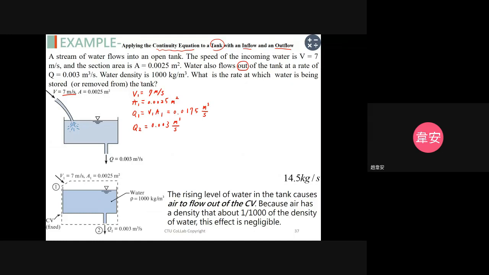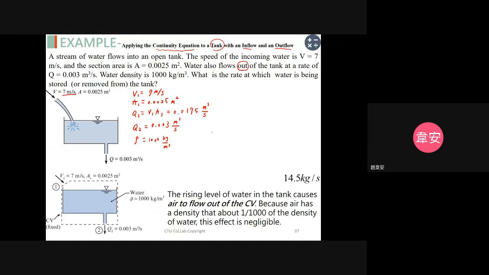And the question tells you the water density is equal to 1,000 kilograms per cubic meter. Okay, and what is the rate at which water is being stored or removed from the tank?